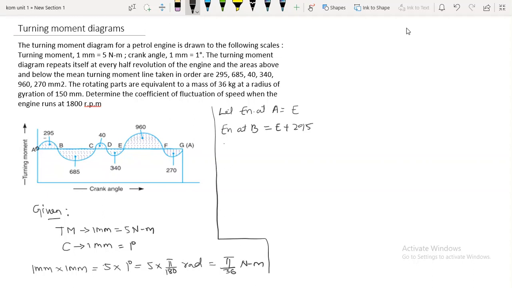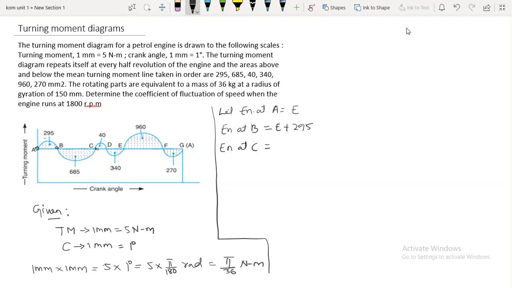So that's why it is E plus 295. Similarly, we have to find the energy at C. The energy at C will be equal to the energy at B minus 685. Why minus? Because it is below the mean torque line.